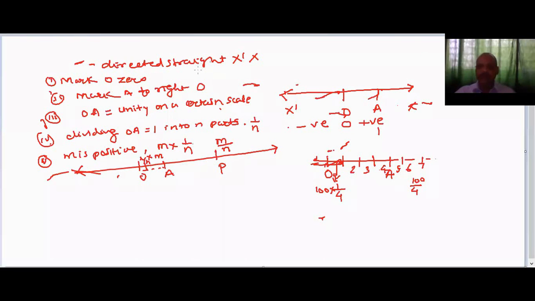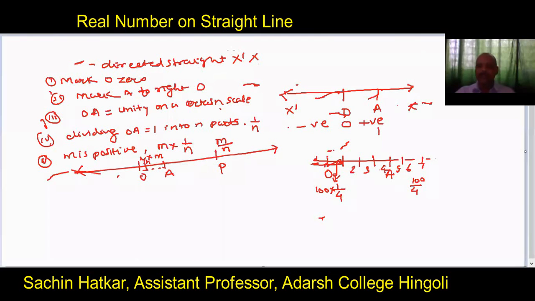We are representing a real number on a straight line. For that purpose we have taken a directed line, X dash to X. Then we mark 0 somewhere here.